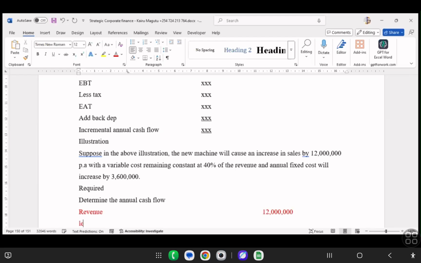This one will less operating cost, variable cost, and the variable cost is 40%. We multiply by the 12 million. How much is 40% of the 12 million?